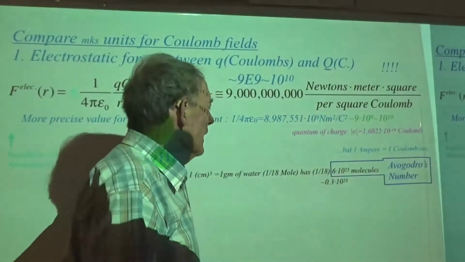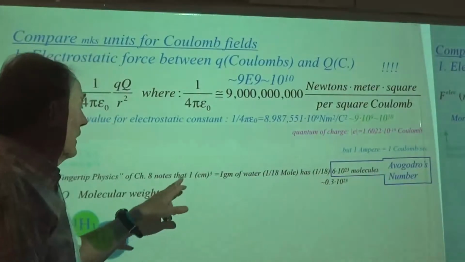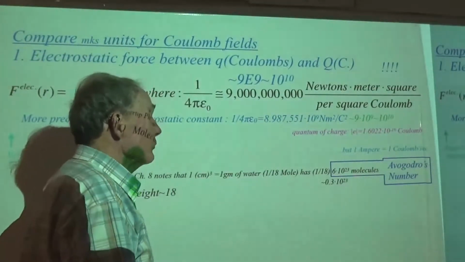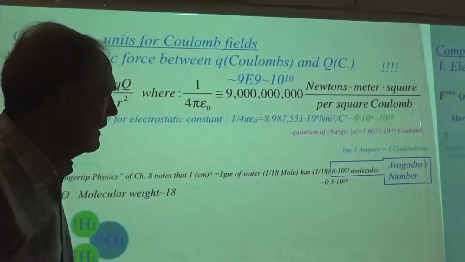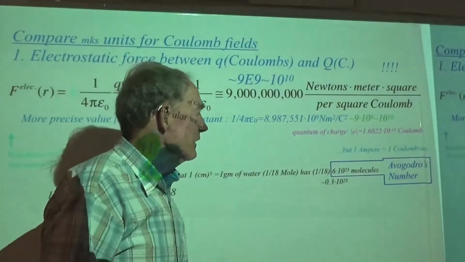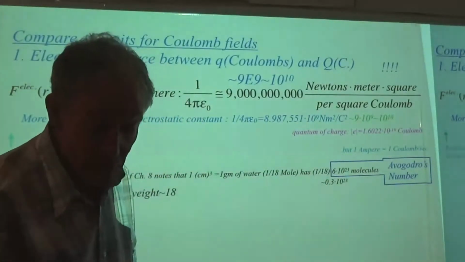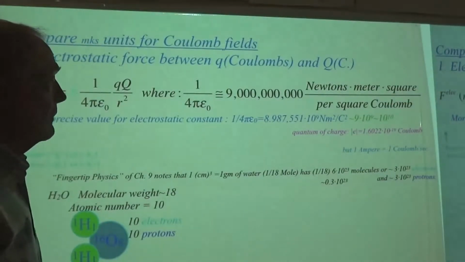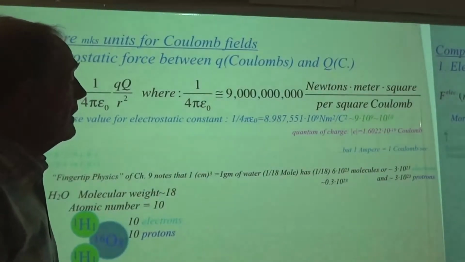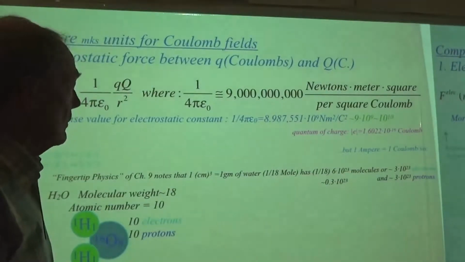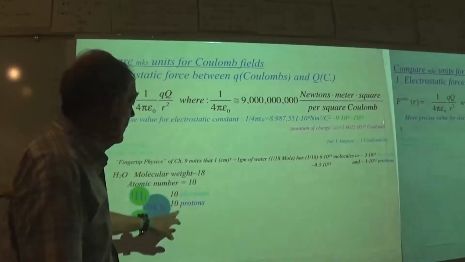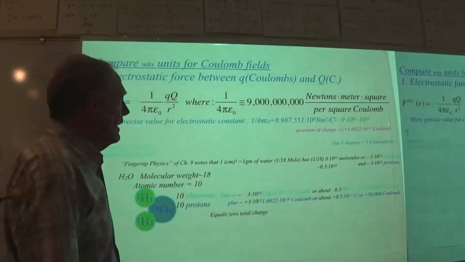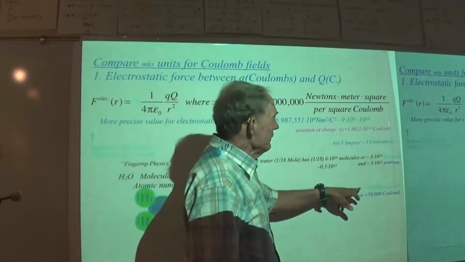So if I have a cubic centimeter, that's 1 gram of water, that's 1/18th of a mole, okay? I've got 1/18th of Avogadro's number. That's 0.3 times 10 to the 23. That's a lot of particles, admittedly. And we've got roughly that many electrons and protons in there. If we have 10 electrons and 10 protons, we move the decimal over a little bit here. So that works out to about 50,000 coulombs.